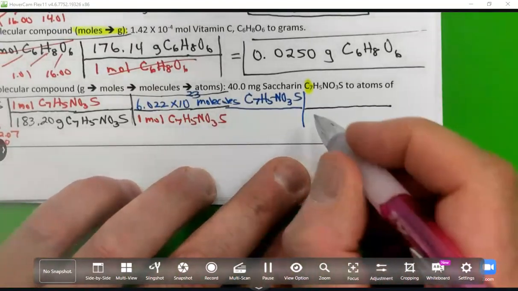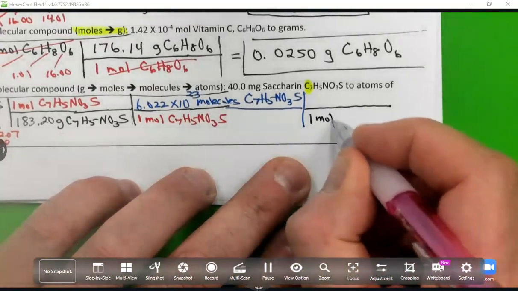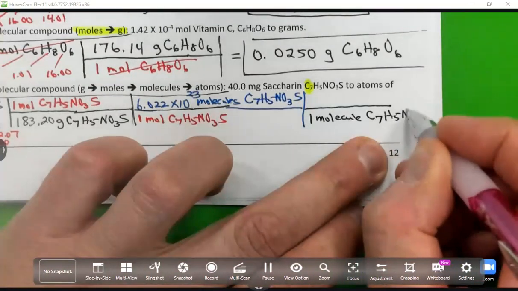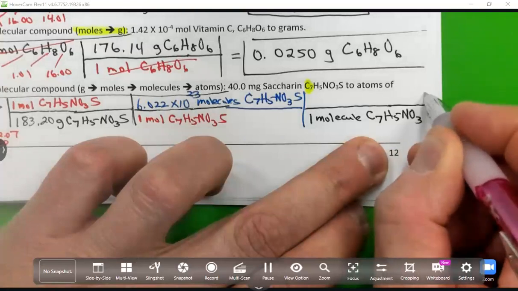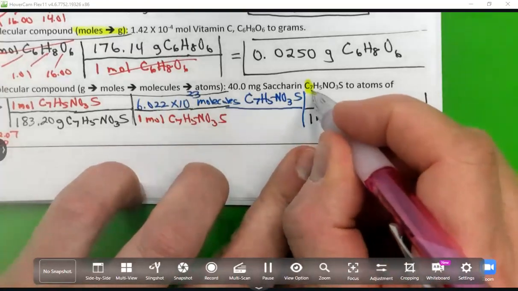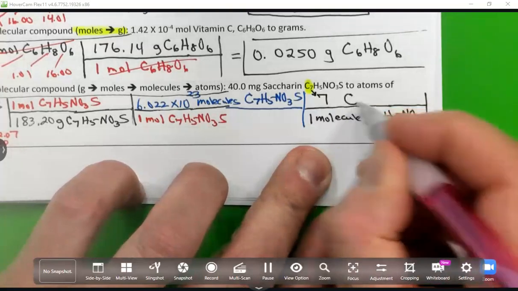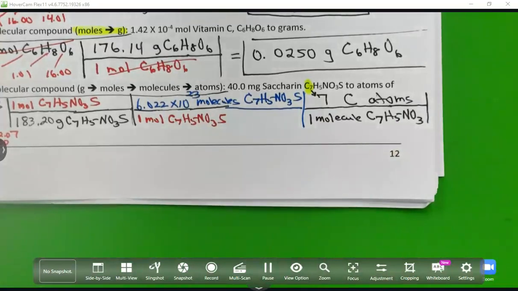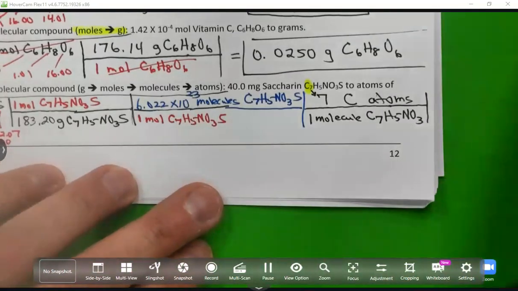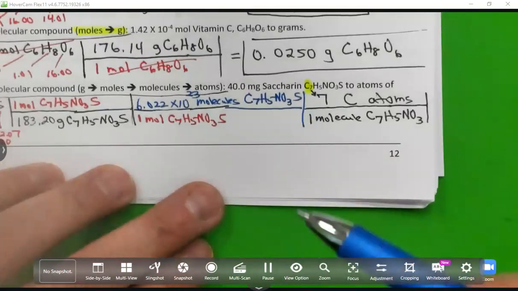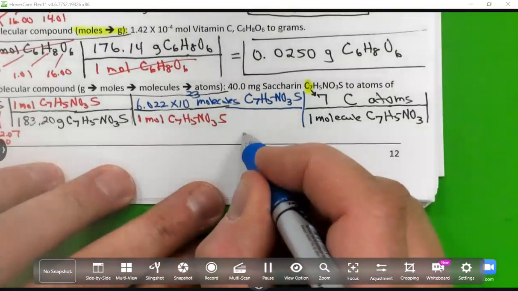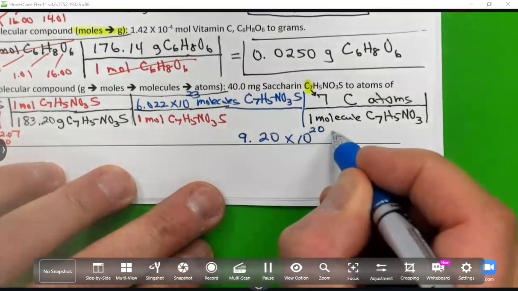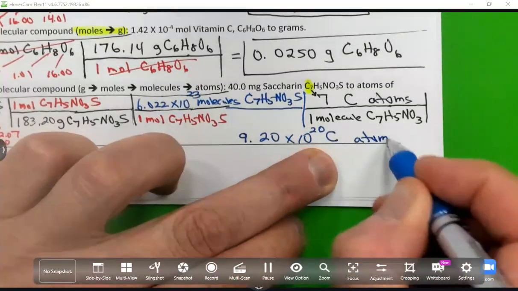Then, every time you have 1 molecule of C7H5NO3S, it has 7 carbon atoms. And finally, we end up with carbon atoms. Everything will cancel out. And we get 9.20 times 10 to the 20th carbon atoms.